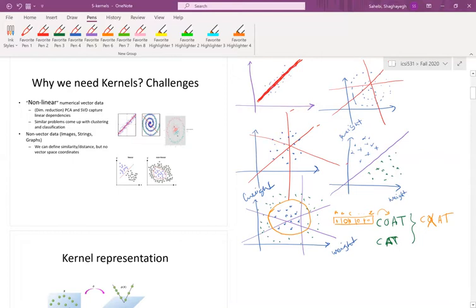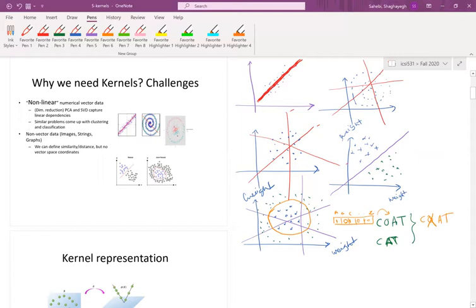One is that sometimes our vector data has a nonlinear pattern in it, and we want our linear tools to work for that. And the second reason is that sometimes our data doesn't have a vector form, but we have some similarities or distances between our data points, and we want to use that information to be able to find patterns in our data. So the kernels are going to do that for us.